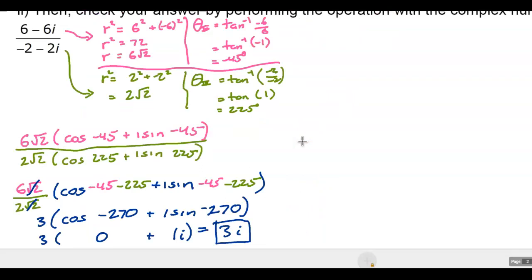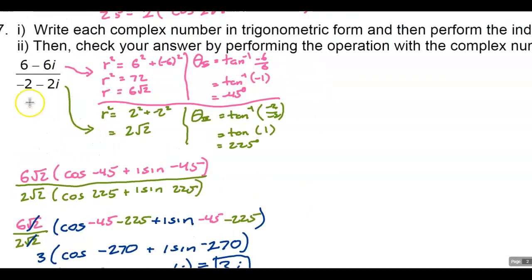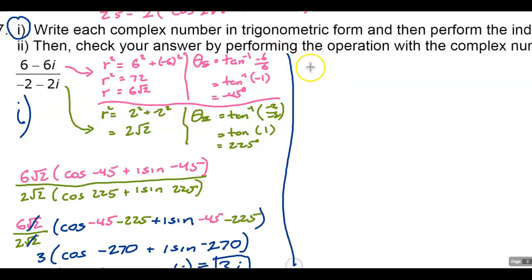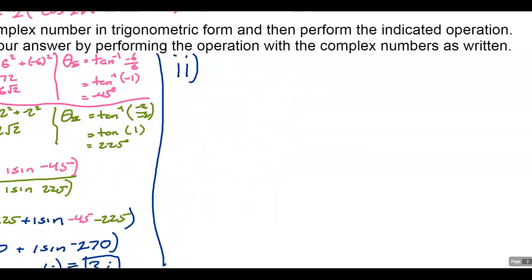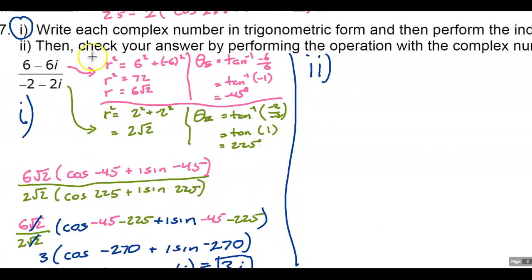Alright, so we did it using the trig form. Alright, this is part 1, part I. Alright, that's what we just did here. Now, let's do the second part, double I. Let's use it just using the complex numbers as written. So in other words, let's use the conjugate.